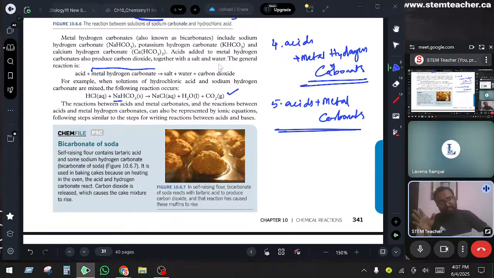And magnesium carbonate is MgCO3. Magnesium is present as Mg2 plus ions. Water and carbon dioxide is CO2. So hydrogen aqueous, nitrate aqueous and magnesium carbonate become magnesium ion, nitrate ion, H2O and CO2. It is salt, water and carbon dioxide, everything will form.